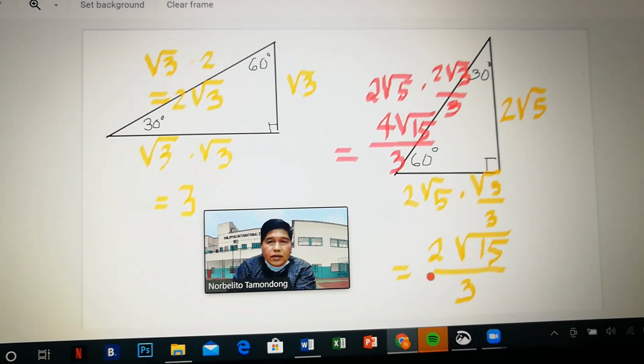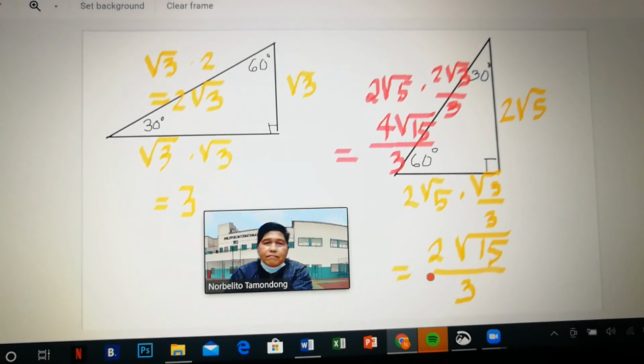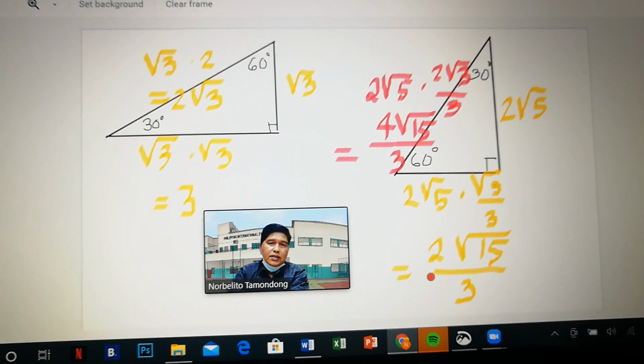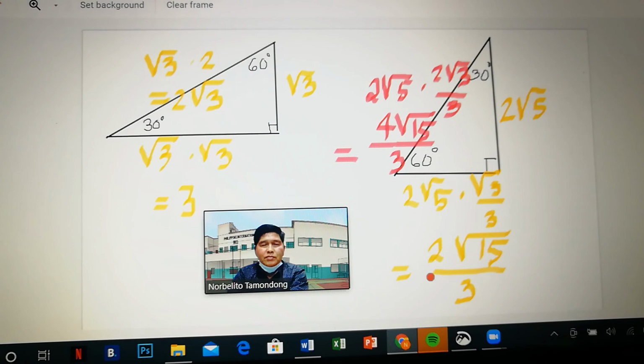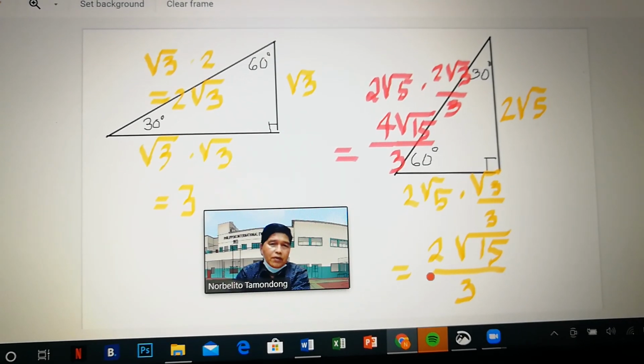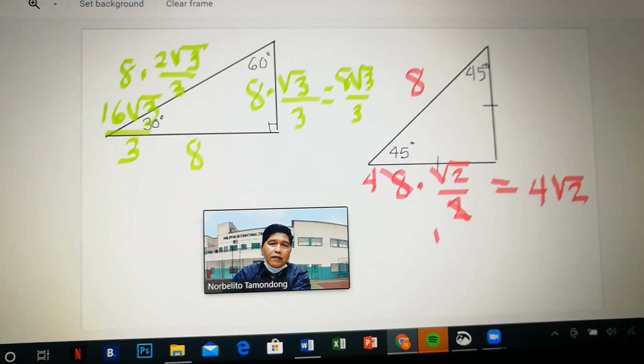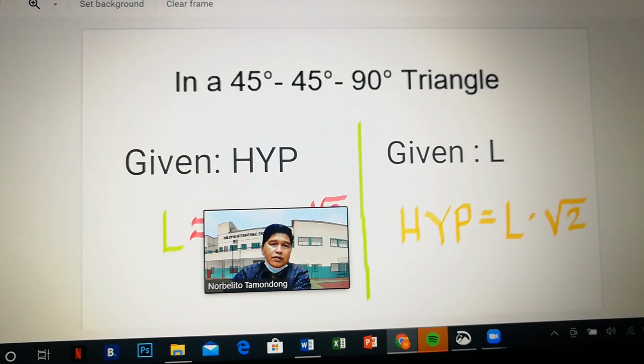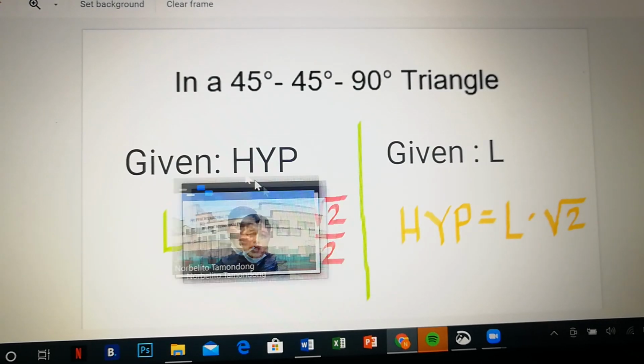Okay, so hanggang dito na lamang po ang review natin about 30, 60, 90 triangle and 45, 45, 90 triangle. Kakayanin nyo yan. Basta gamitin nyo lang yung formula natin, how to find the length of the sides of a 45, 45, 90 triangle.